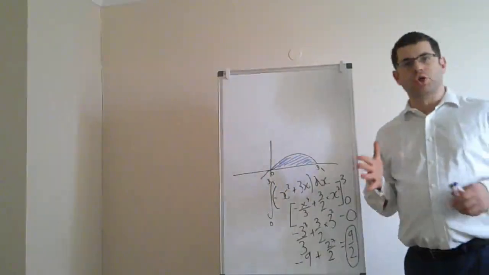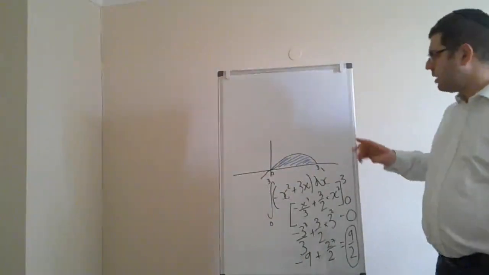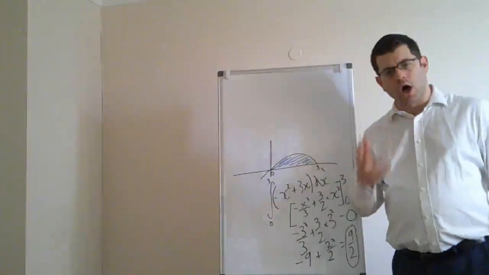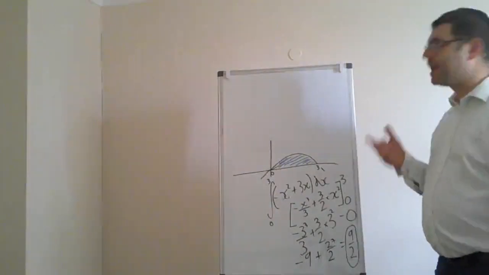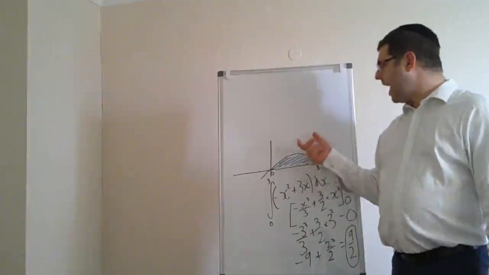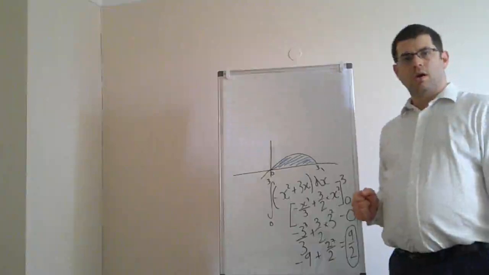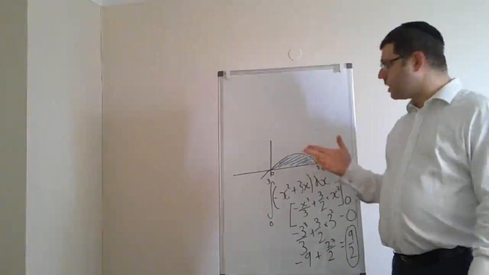So that is the correct answer for that area over there. What I would like to do is show you a strange phenomenon that occurs with integration. What is that? Well, let's have a look. If you take this area and you flip it around the x-axis, in theory, the area should remain the same.